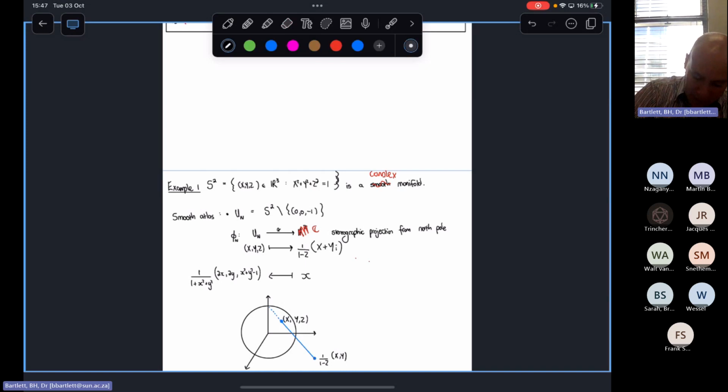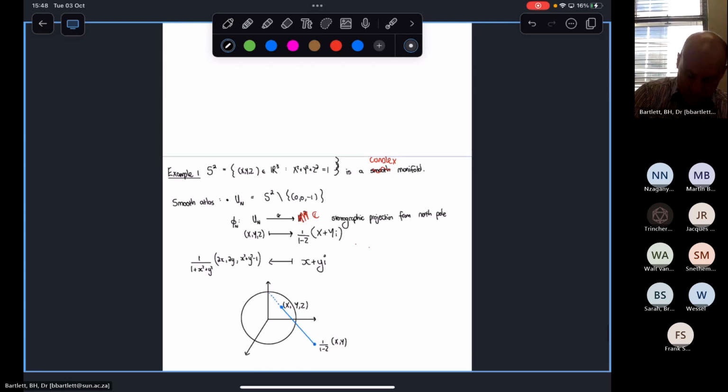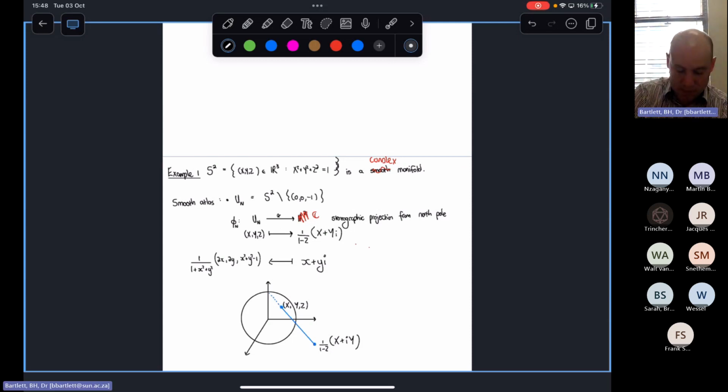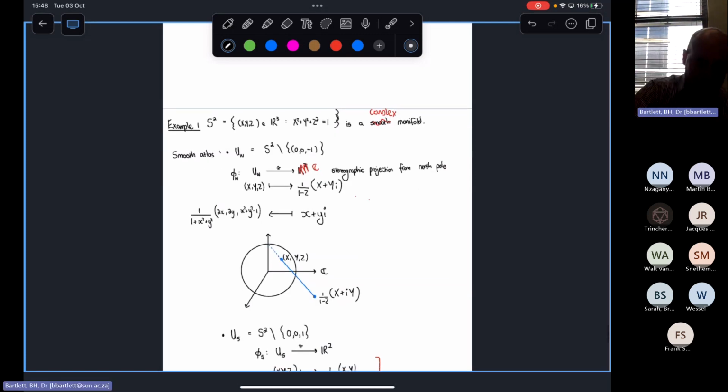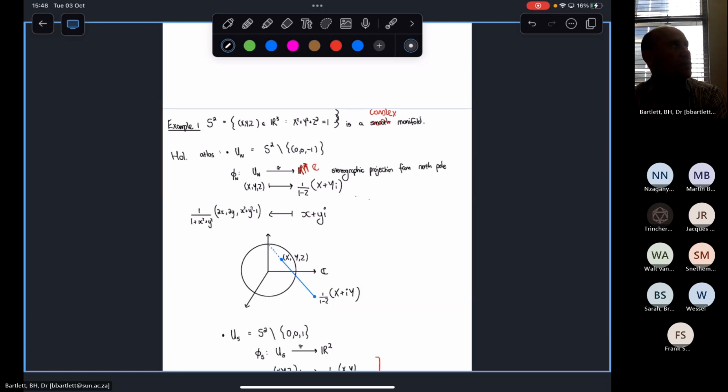The inverse map would then do this. There's the complex plane here. Fine. This is going to be a holomorphic atlas. So that's what it does on the northern hemisphere.